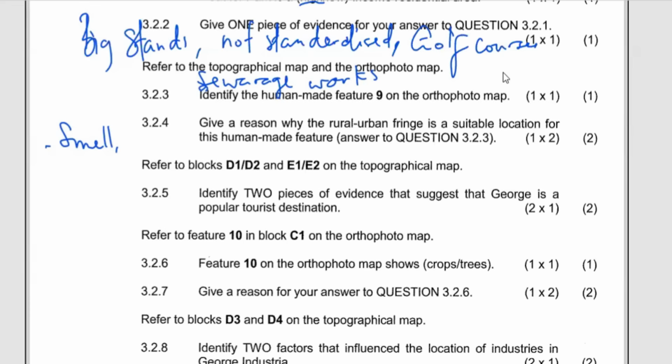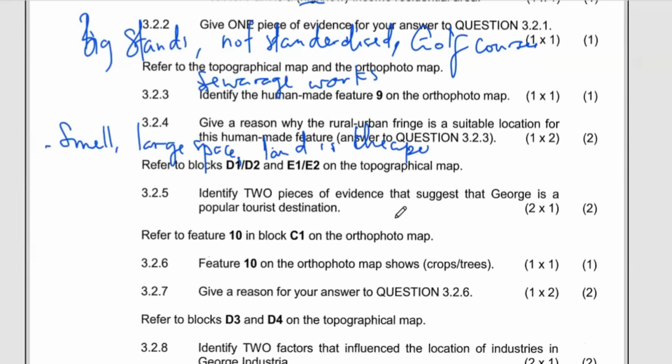And also, there is large space. And also, for the reason that land is cheaper. And basically, those are some of the ideas that we can use.